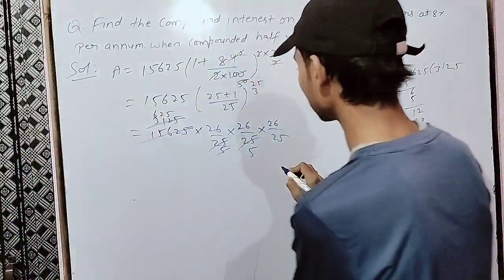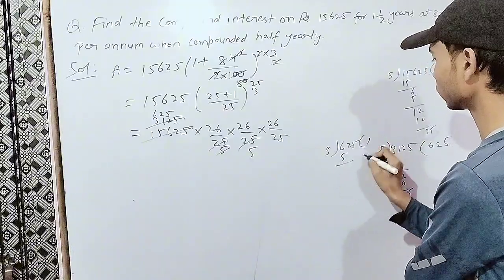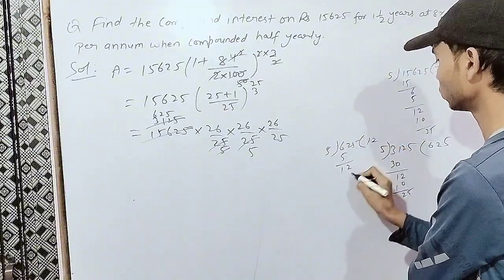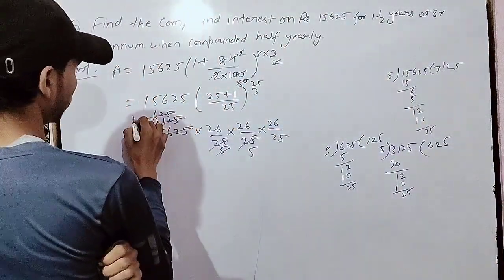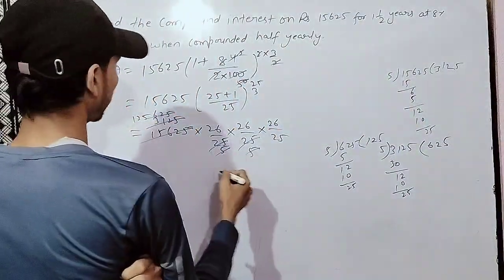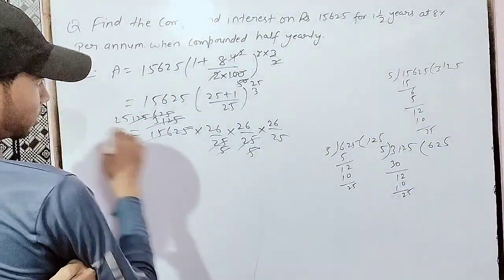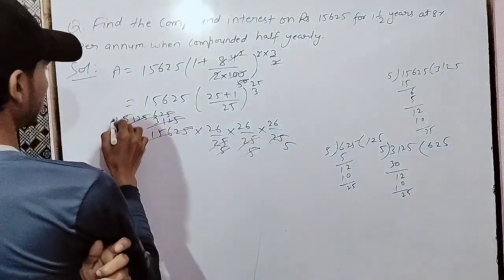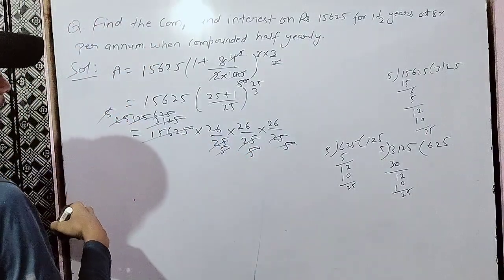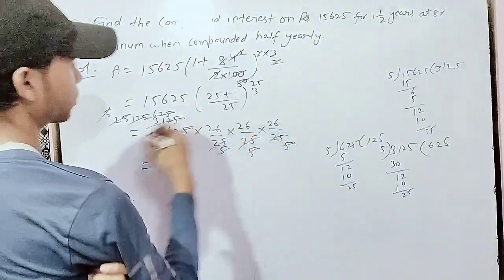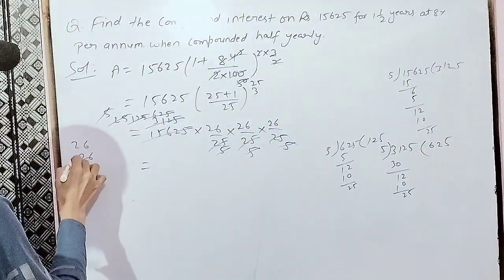Again 5 fives are 25, and again 5 fives. Clear? Now we have this 26, 3 times.